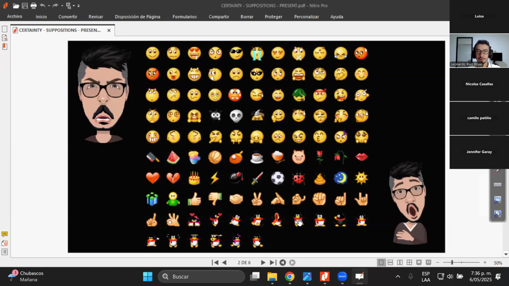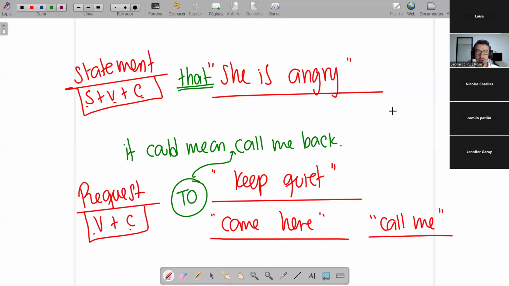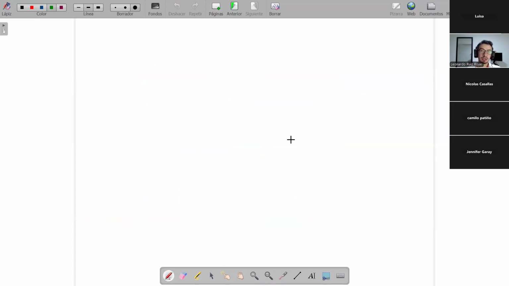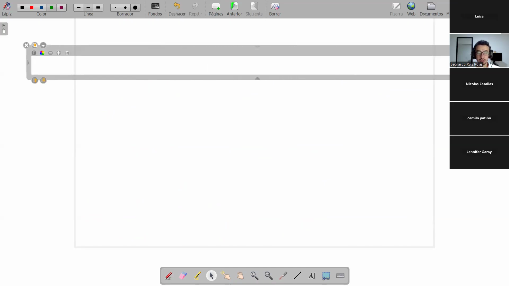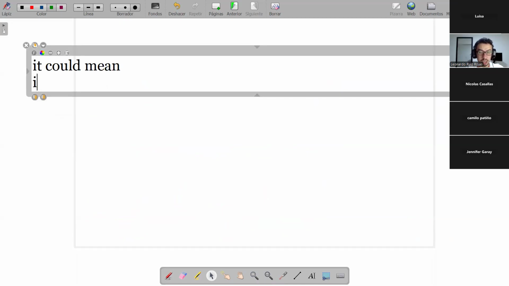Muy bien, very good. So, that is the first part in which I am going to describe the possible meaning of something, en el cual voy a describir el posible significado de algo. So in that case it is just the subject, the verb mean, and that's it, right? So for example, it could mean, oh, sorry, it possibly means, ¿cierto?